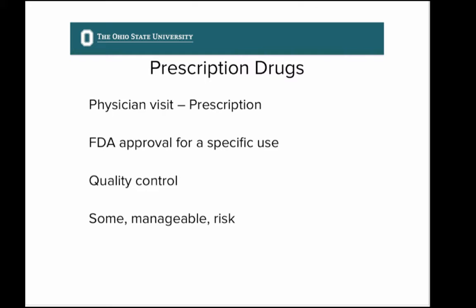The final parameter here is important. These drugs have some risk associated with their use, but it is very manageable. And it is important to realize that when dealing with these drugs, there is no such thing as no risk. There's always some small measure of risk. And the key here is it is readily manageable.